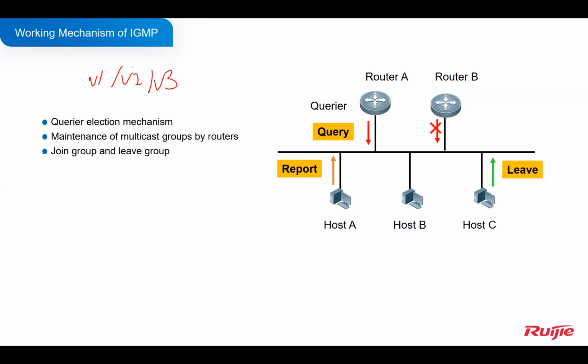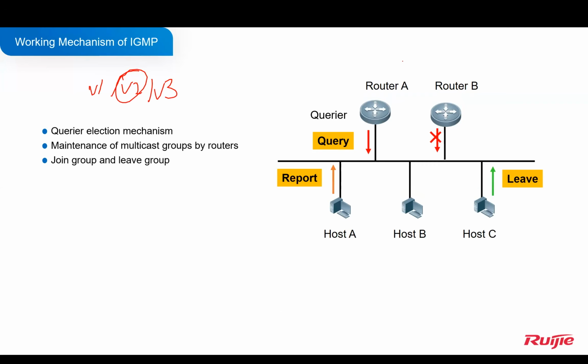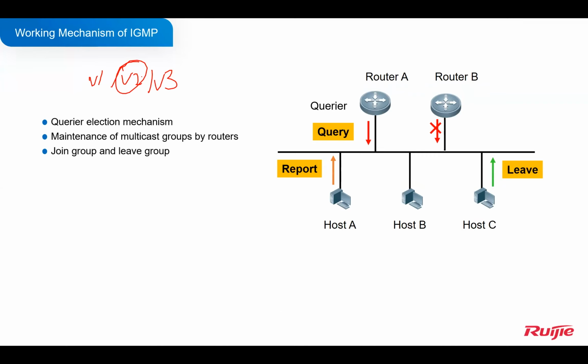In common, we use IGMP version 2. In our Reyee Cloud, if you want to configure IGMP, you have to enable the IGMP function and choose which version you want to use.